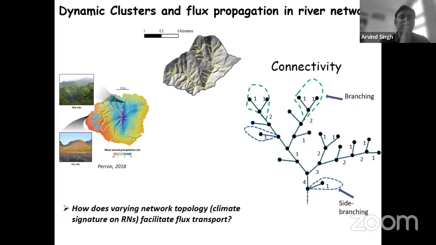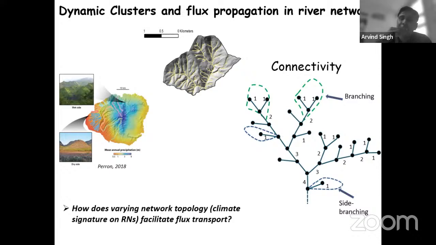We want to explore how varying network topology, that is side branching or branching, which are a signature of climate on river networks, facilitates flux transport. In other words, do the fluxes moving on a given network carry some signature of this feathering or side branching or climate?